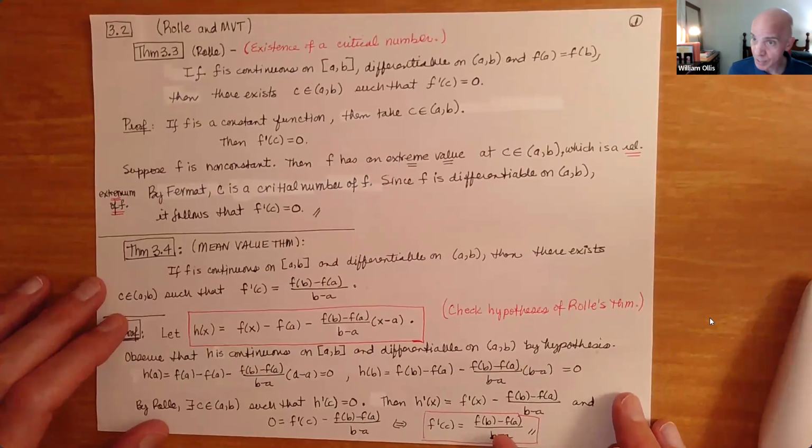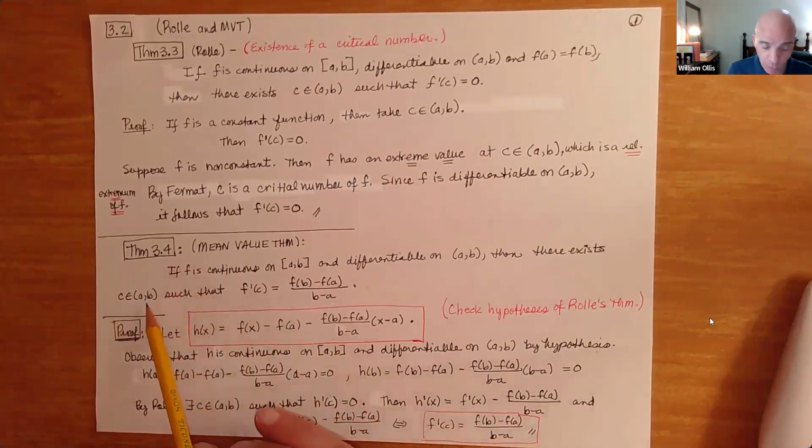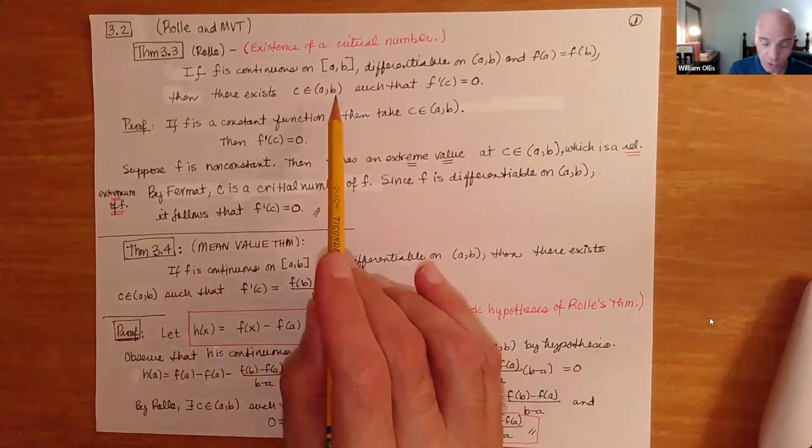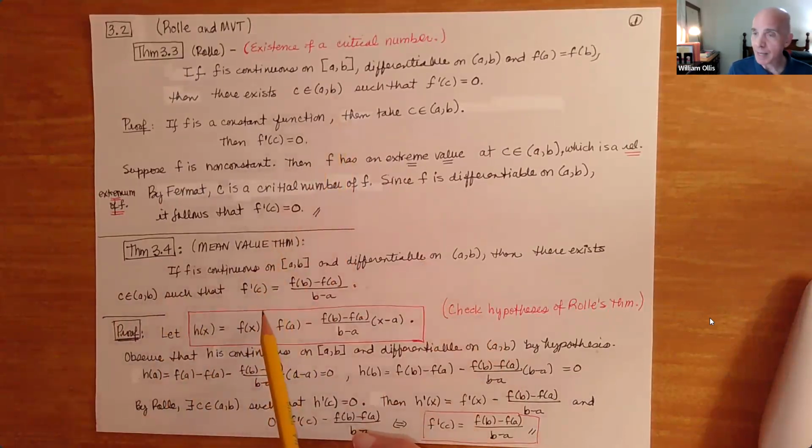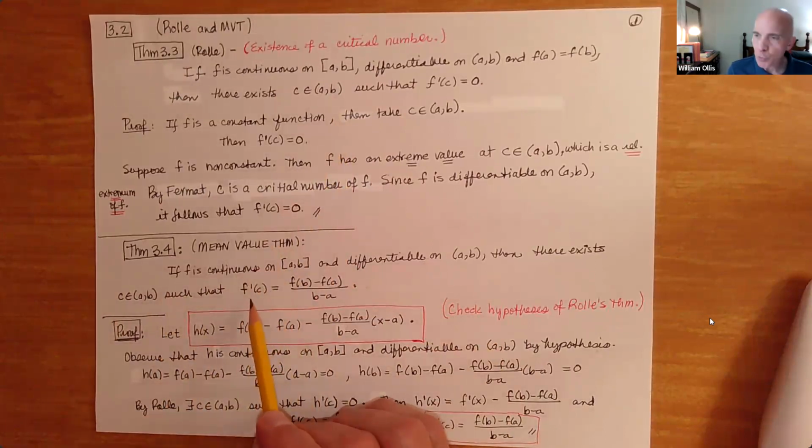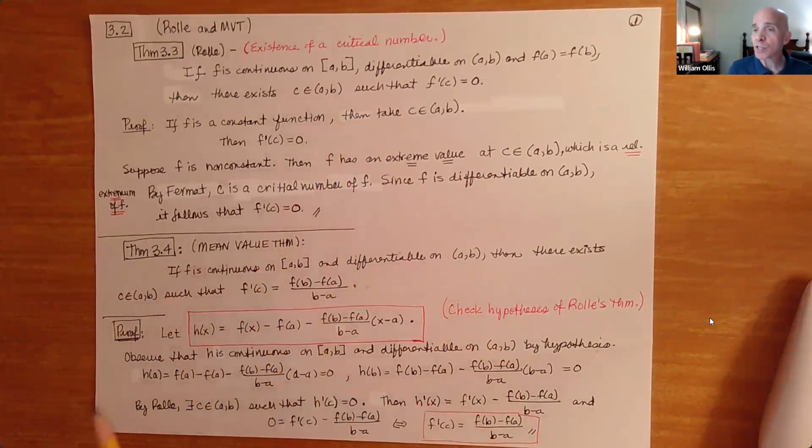Now, the conclusion is this: there will be a C in the open set AB, just like we have in Rolle's theorem, such that, now this is the kicker, but it's easy to remember, the derivative or the slope of the tangent line at the element of the domain C will be equal to the slope of the secant line that we see is formed from the endpoints.